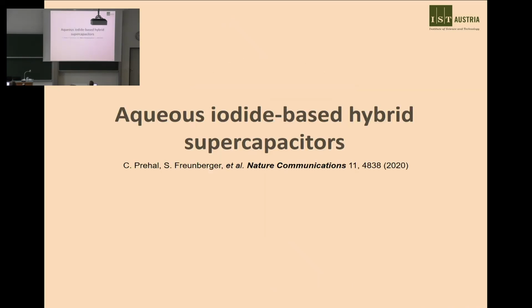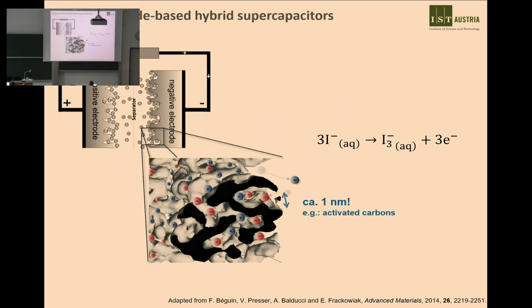So we also took this in situ SAXS for iodide-based supercapacitors. What people thought there is that you can augment the capacitance of the positive electrode of a supercapacitor by adding iodide, which then is oxidized to the triiodide.